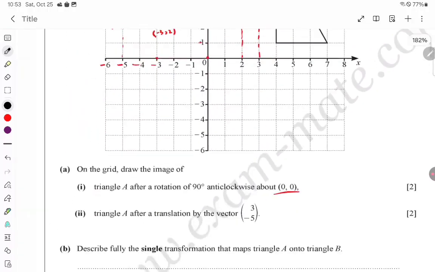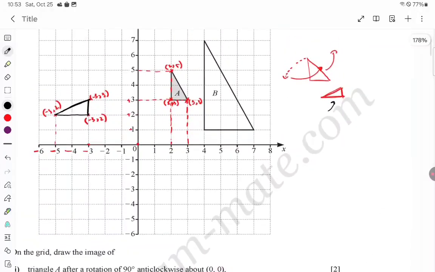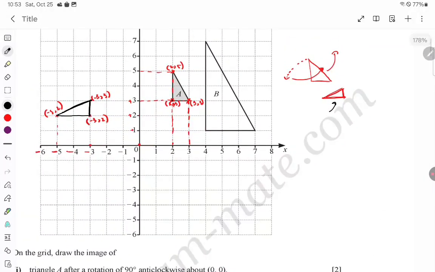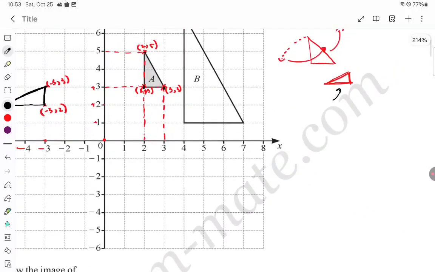Now for the second part, triangle A after our translation by the vector (3, -5). This is our triangle. We have to move all the coordinates by (3, -5): 1 unit, 2 unit, 3 unit, and negative 5 means in the downward direction: 1 unit, 2 unit, 3 unit, 4 unit, 5 unit.